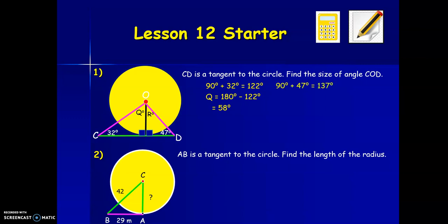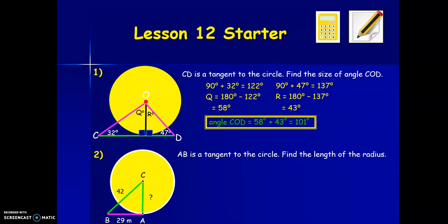So add the 90 and the 47 from the triangle on the right hand side and take the answer of 137 away from 180 and that gives us 43 degrees for R. So angle COD is the total of Q and R, so we add these together and we get 101 degrees.